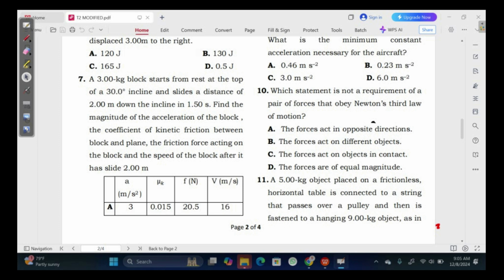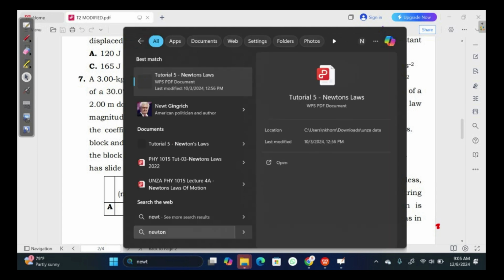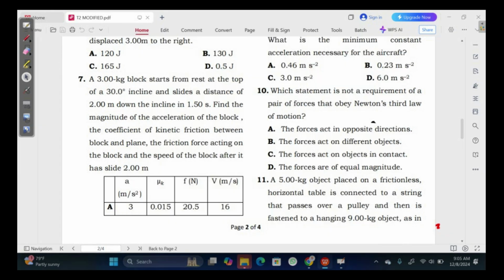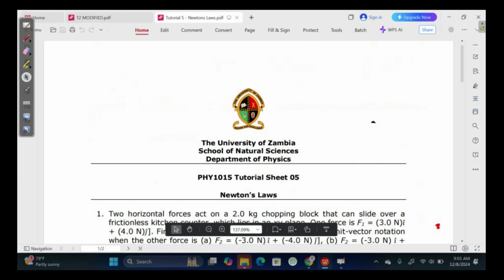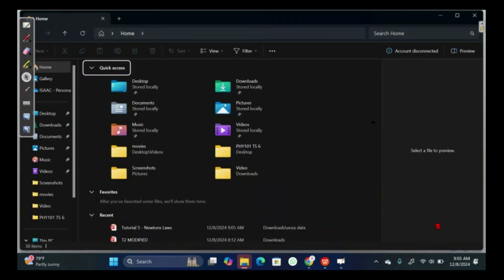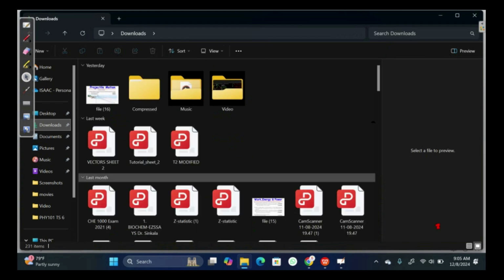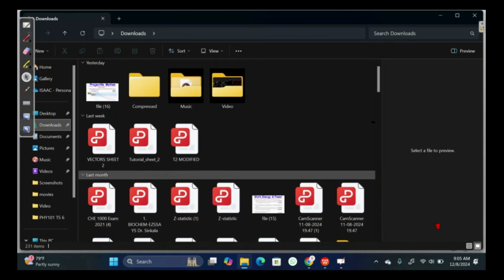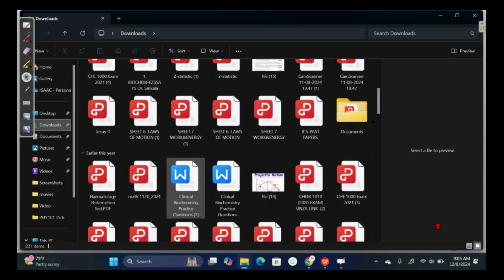So this question, let me show you, is exactly the same as this question from tutorial 5. That's why I've got a feeling that they'll definitely get questions from the tutorial sheet.